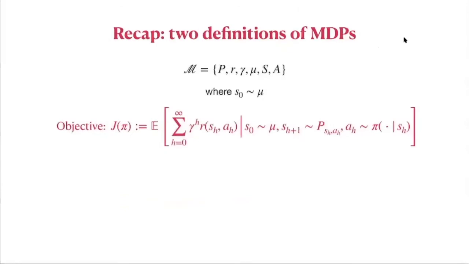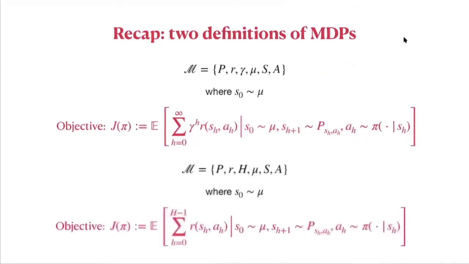Okay, so let's do a recap on the definitions. We talked about two definitions of Markov decision process so far. The first one is this infinite discounted setting, and the objective function is very clear. If I give you a policy pi, then the objective function is essentially the expected total reward with proper discounting.